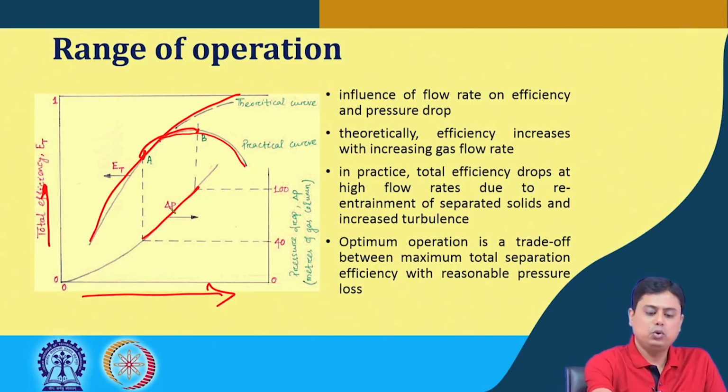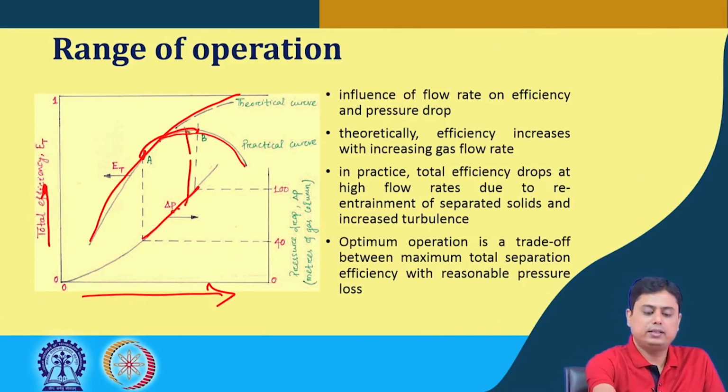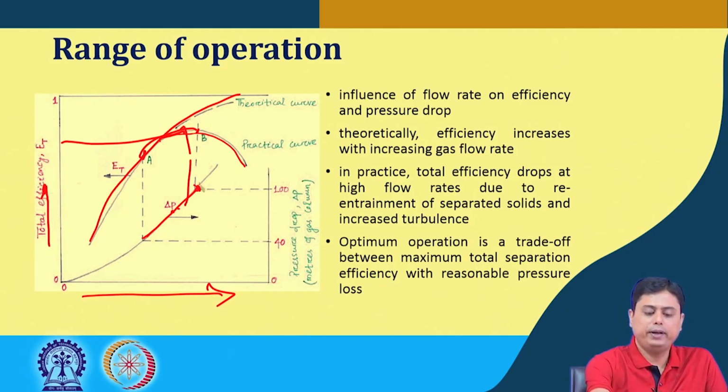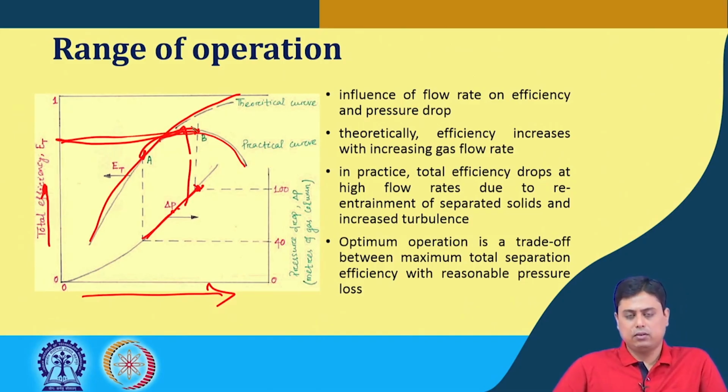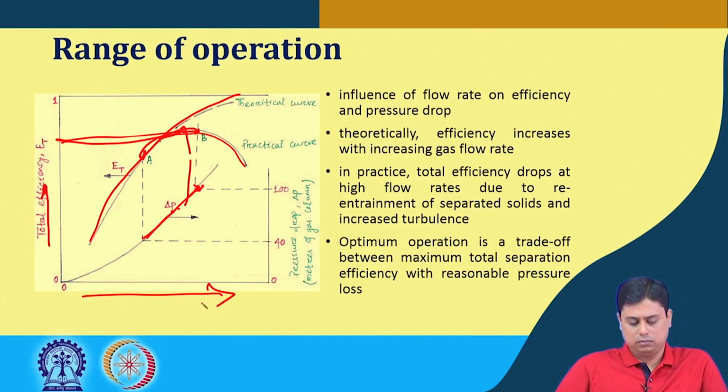And now you can choose any one point in between, that much pressure drop you can afford, and accordingly you get its efficiency. At most you can go to this point B on this delta P line, because that would be the maximum efficiency you can achieve from this cyclone separator, whose total efficiency versus flow rate curve is given like this.